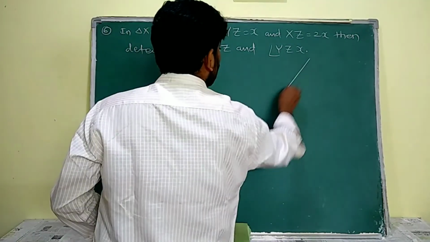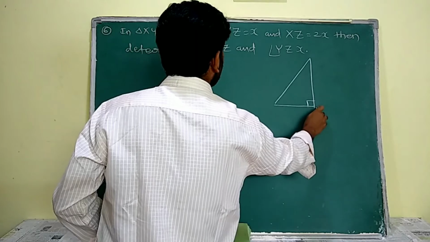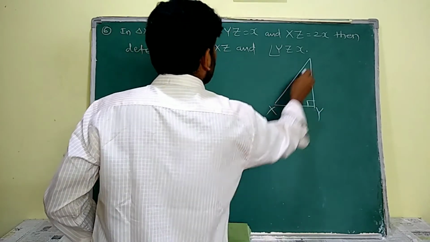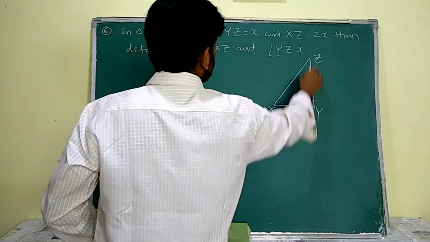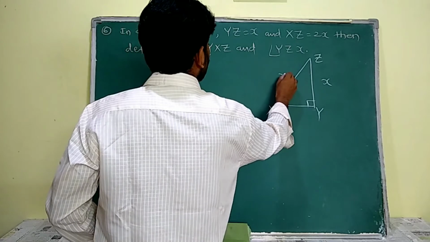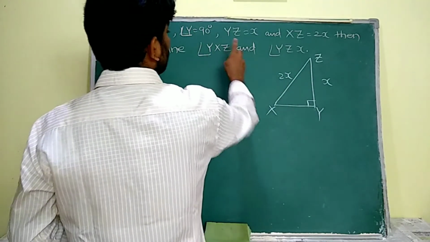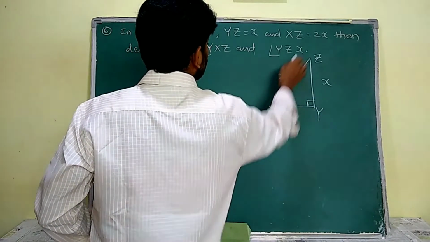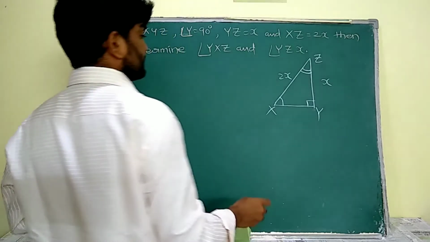Firstly draw the triangle. Angle Y is 90 degrees, YZ is given as X units and XZ is given as 2X units. He is asking you to find angle YXZ and angle YZX.